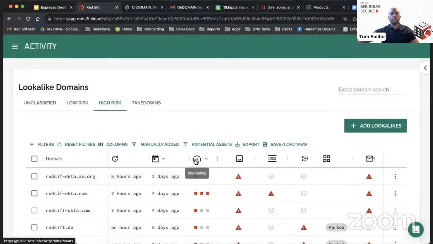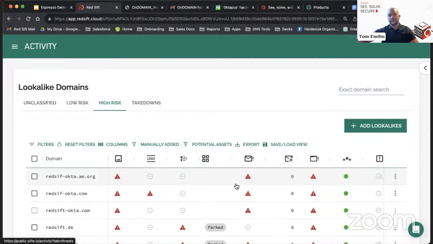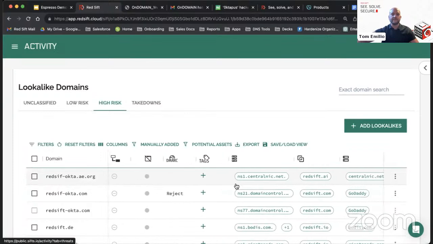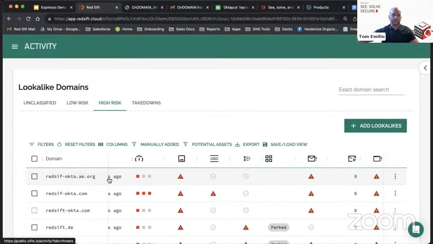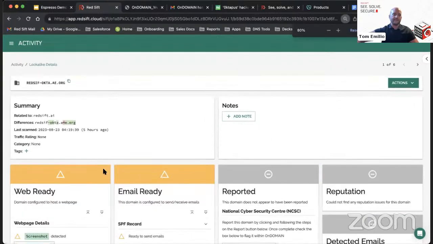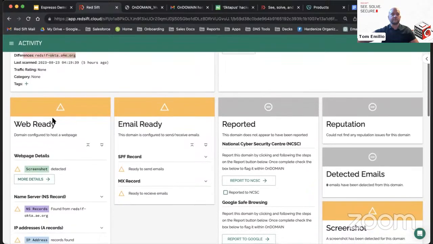So we'll put some risk rating on there. There's a ton of different metadata that you can scroll through. There's a lot of columns. I'm not going to go through each one, but you can see where these domains are hosted, and that's really important. We can click in here to take a little more look at the metadata. It's showing us where the differences are and when it was last scanned. But this is what's really cool.